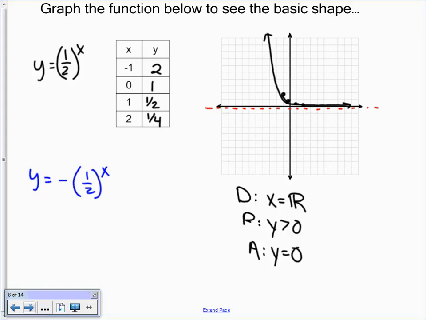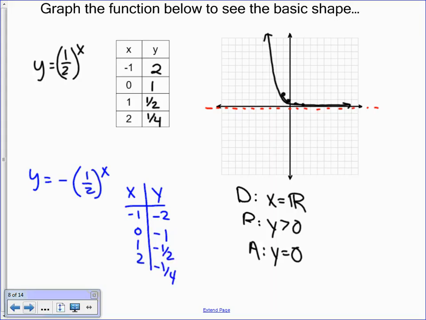So if I just put a negative at the very front, then if I were to fill out my table it would be almost exactly the same. When I put in -1 for x, I'll flip it and get 2, but then there'll be a negative in front of it. So then it would be -2, -1, -1/2, -1/4.